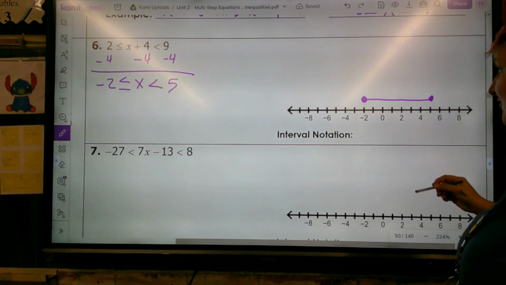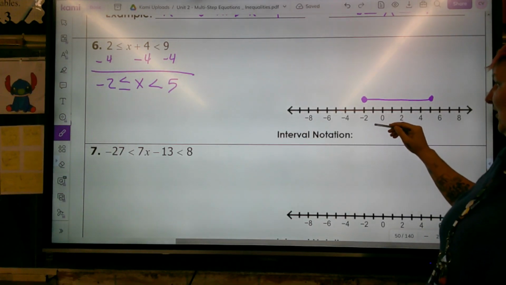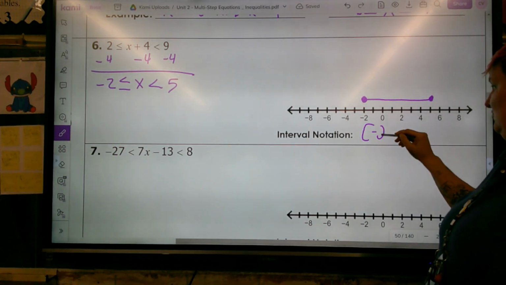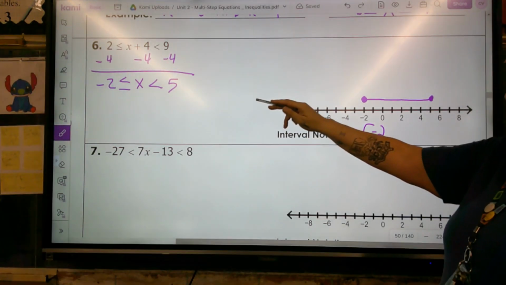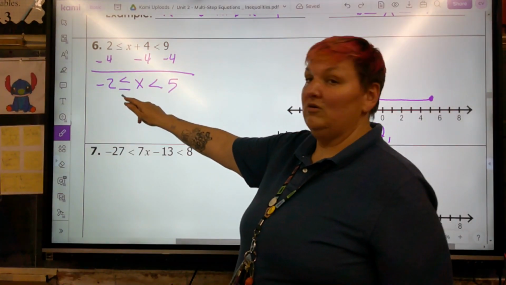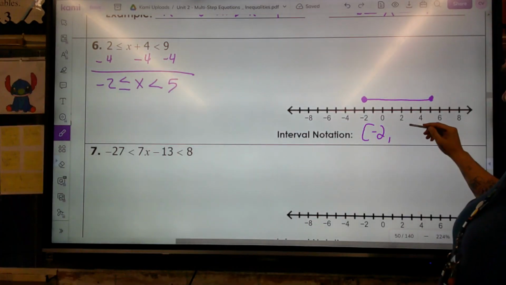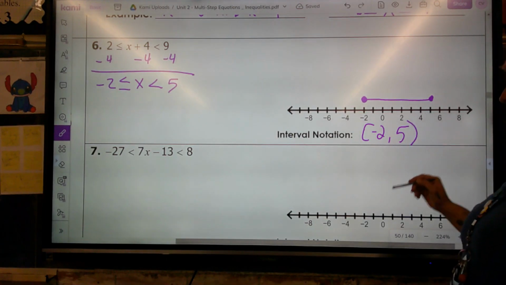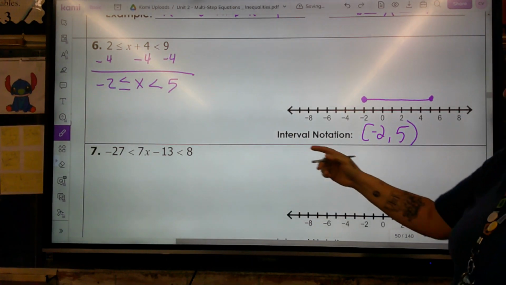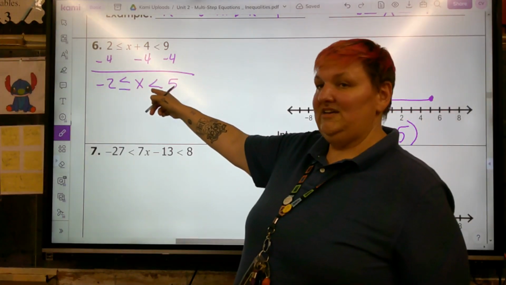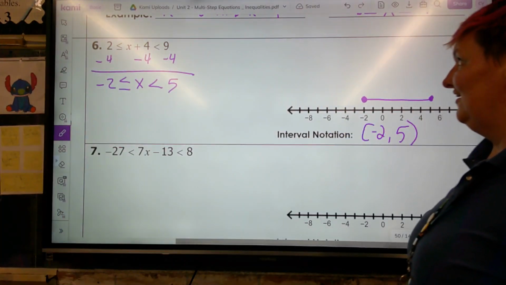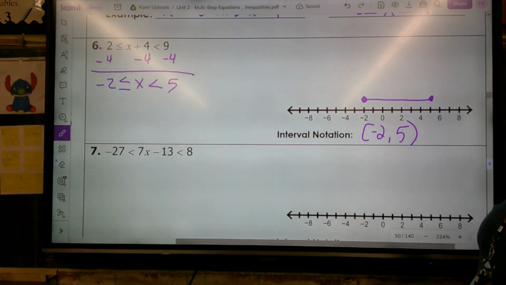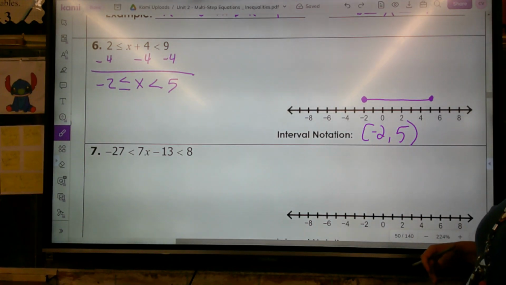What does that look like in interval notation? Well, bracket for negative 2, because it could be negative 2. It says it might be equal. And then parentheses for 5, because it doesn't include 5. There's no possibly equal there. I know it's different. It just takes practice.